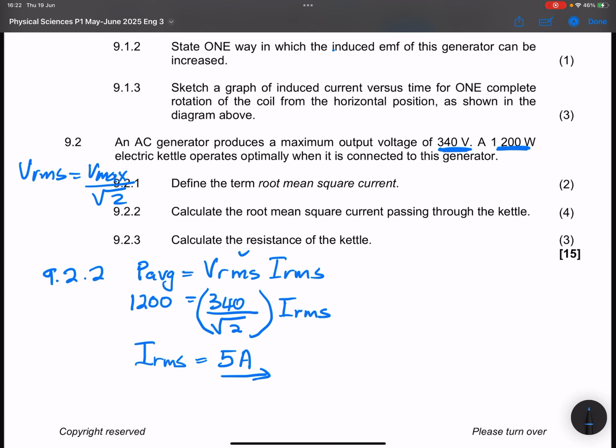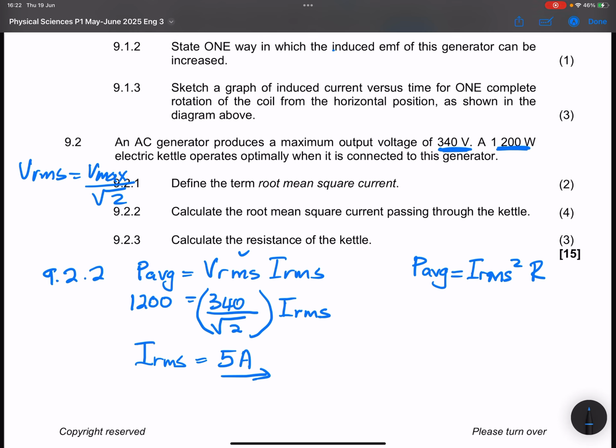And then for 9.2.3, they say calculate the resistance of the kettle. We already have the power, so we know P average is going to be IRMS squared multiplied by R. And by the way, ladies and gents, you are given these formulae.